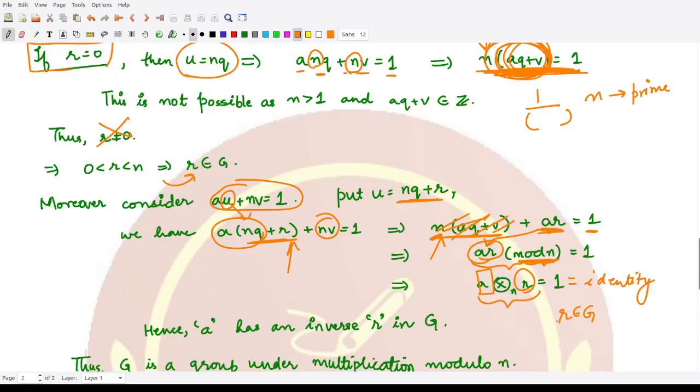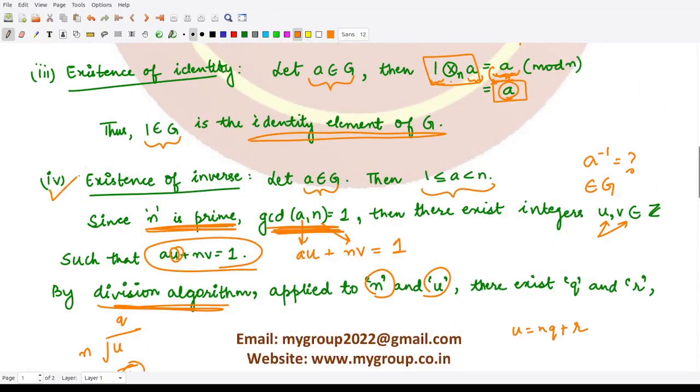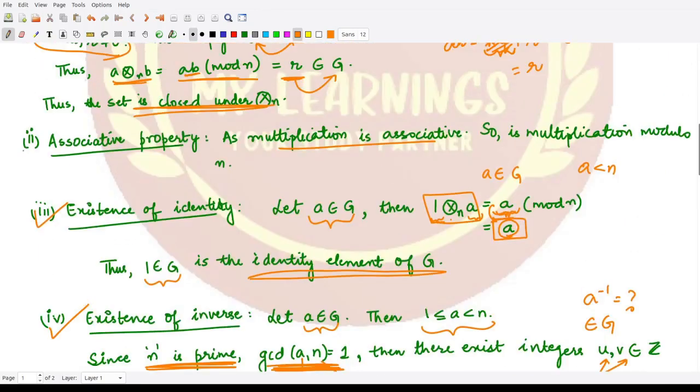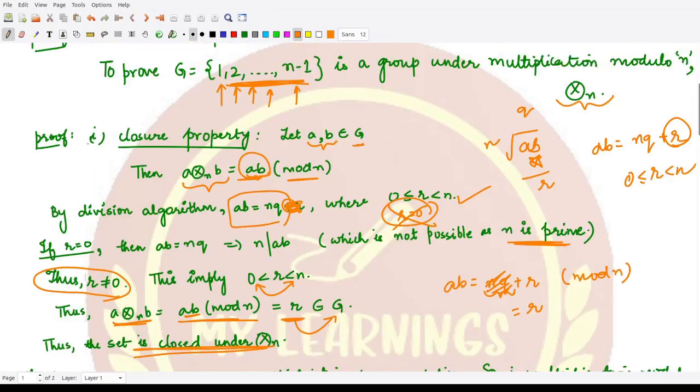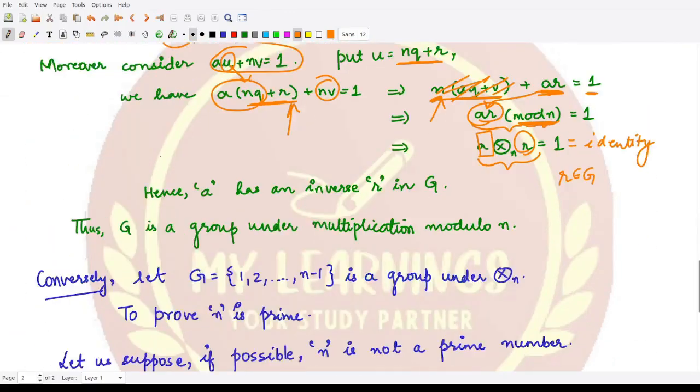Hence r is the inverse of a. So each element would have an inverse in G. So therefore, because we have all the four properties satisfied in this case, we would say this forms a group under the operation of multiplication modulo n, right? This proves one part of the proof.